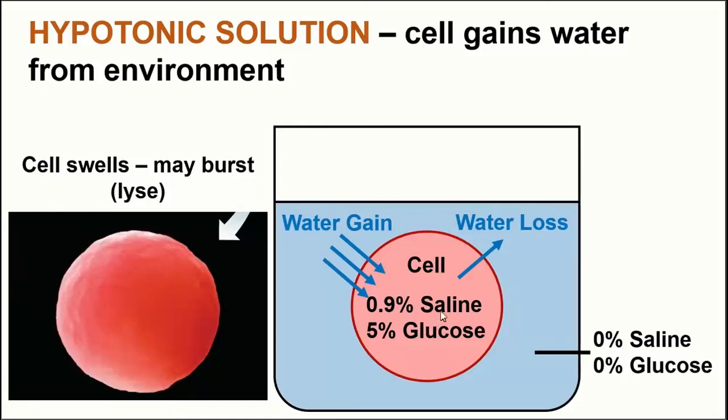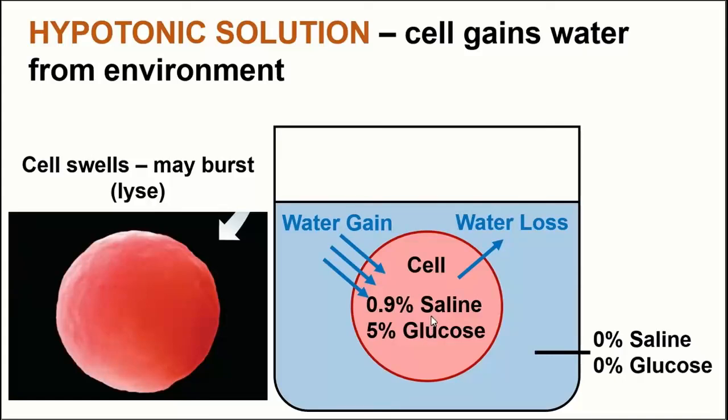And so once again, in our example here, we have placed our cell into a solution that contains no saline and no glucose. So we've basically placed it in pure water, which means 100% of the volume outside of the cell is water. And because our cell has 5% glucose and 0.9% saline inside of it, this means that there is 94.1% water inside of our cell.